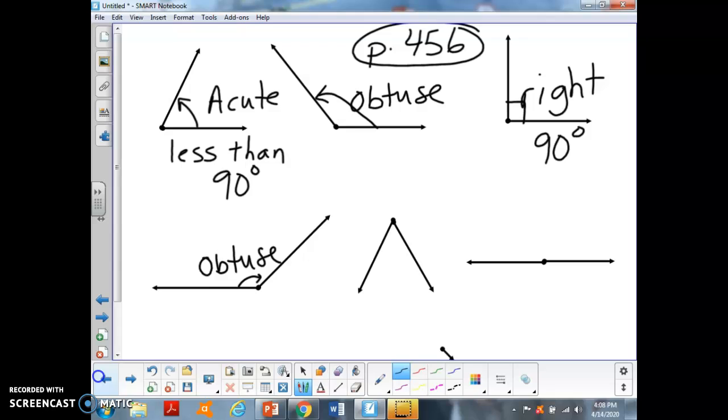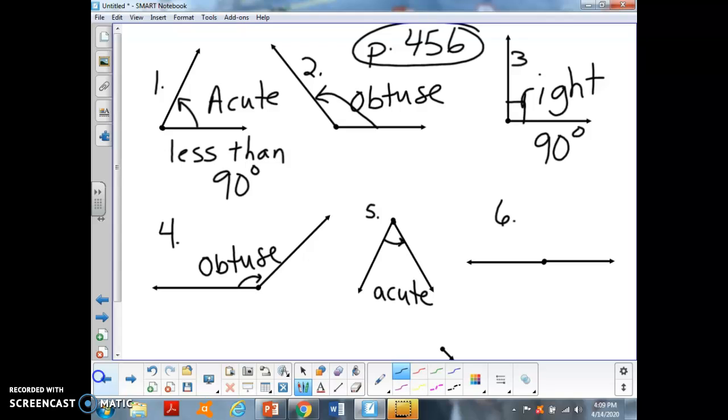Bigger than 90 degrees. Alright, this one right here, number 5. How does that look like to you? Does it look bigger than 90? Like number 4? Or does it look more like number 1? And I think it looks more like number 1. It is an acute angle.